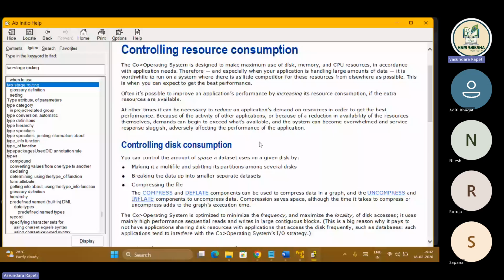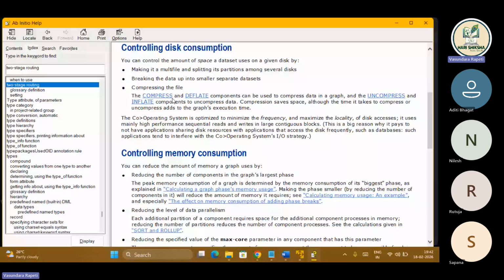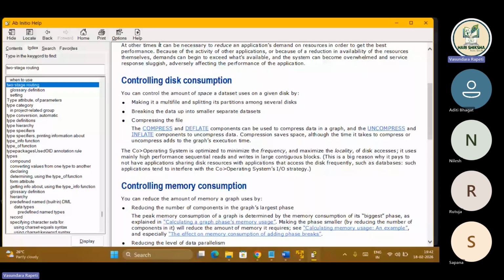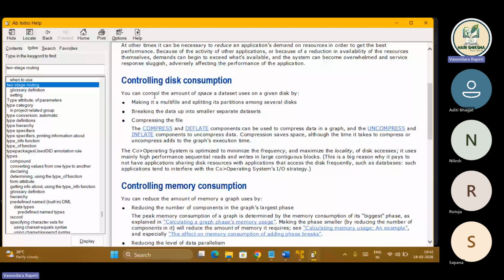Okay, fine. So what are the resources we have? We have RAM, hard disk, and CPU, three things, right? So how do we reduce hard disk resource consumption? You can control this by making a multifile and splitting its partitions among several disks.